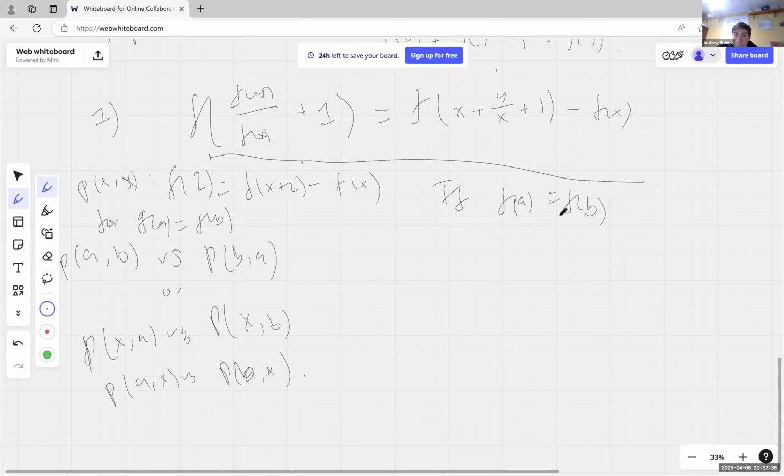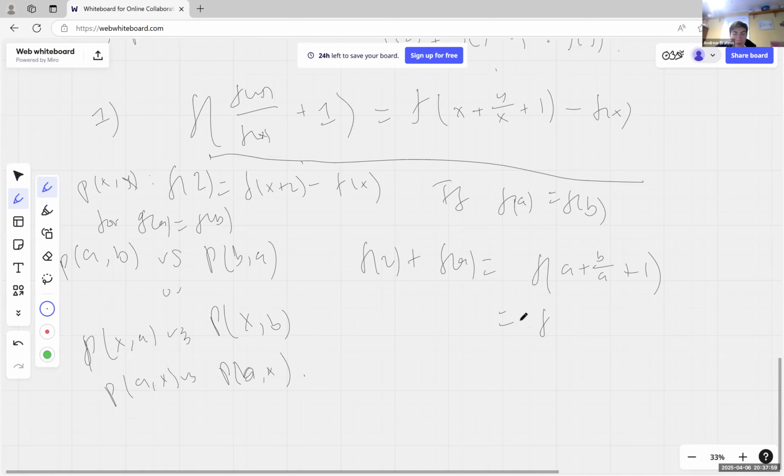We get f of 2 equals f of a or f of b. I mean, f of 2 plus f of a equals f of a plus b over a plus 1. But it's also f of a plus 2, and this might help.